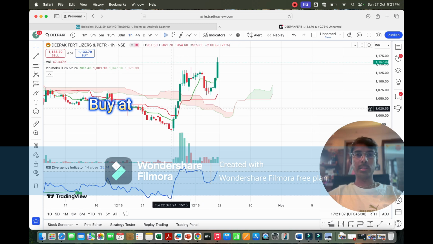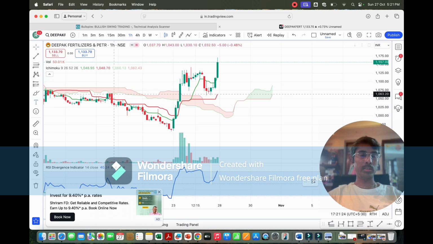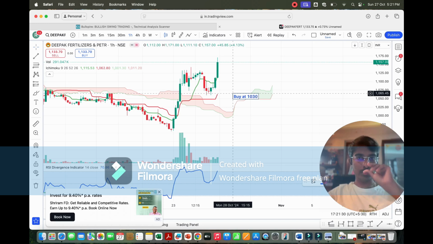That means on 23rd October, if you are using this strategy, you can take a buy signal at 1029.54, that means 1030. Just I will write here: buy at 1030.